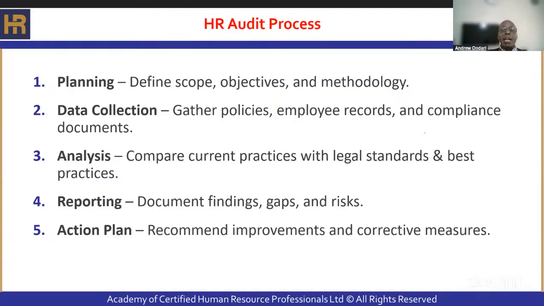Without these ramps, it becomes difficult for the disabled people to access the organization, especially those on wheelchairs. So that requires an observation checklist. So planning is important because it gives us the basis of conducting the HR audit process.